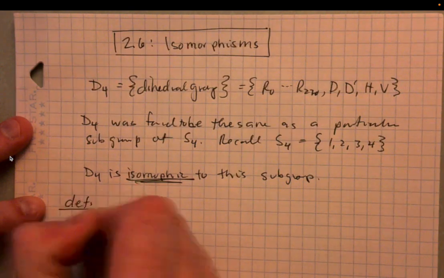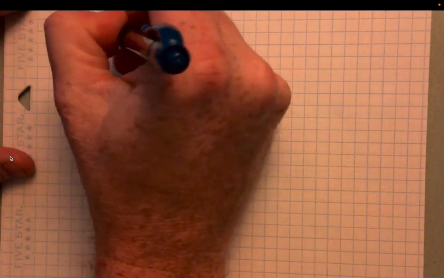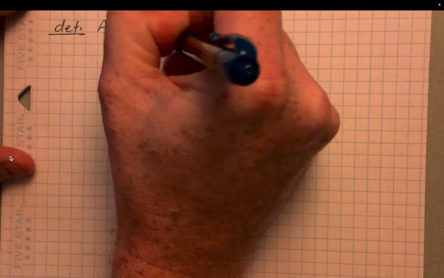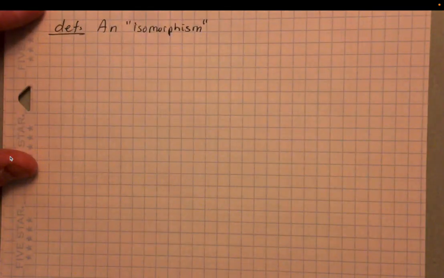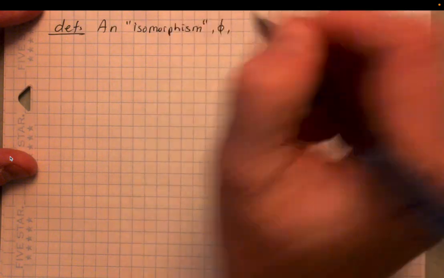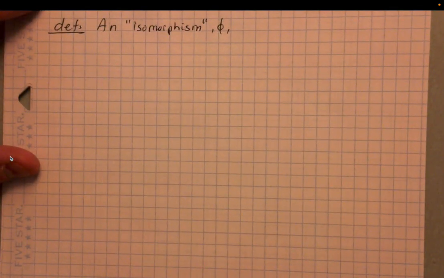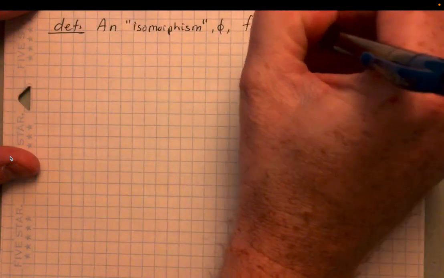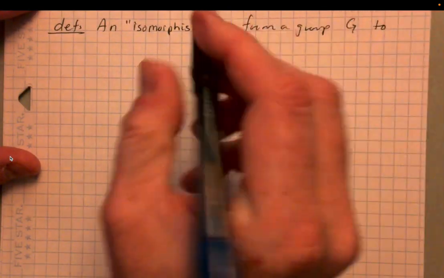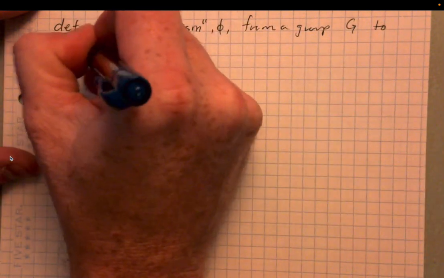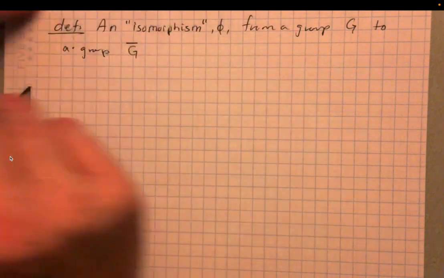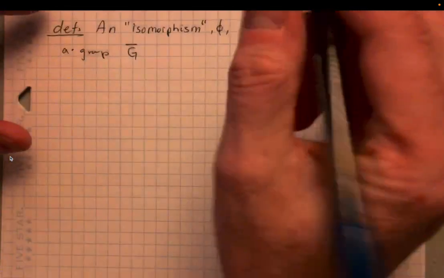All right, so we'll start with the definition. We say that an isomorphism, and we will denote it with lots of different characters, but phi is very common, an isomorphism phi from a group G to a group, and we'll just write G bar, that'll be the notation we will use for denoting isomorphic groups in general, G and G bar, is a one-to-one mapping.